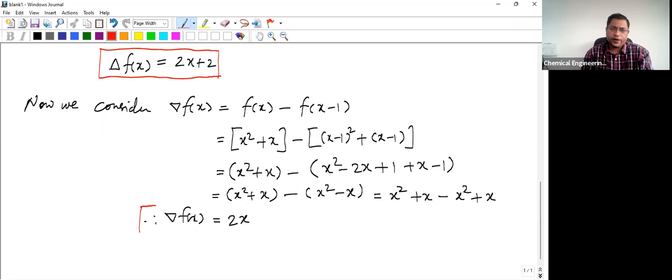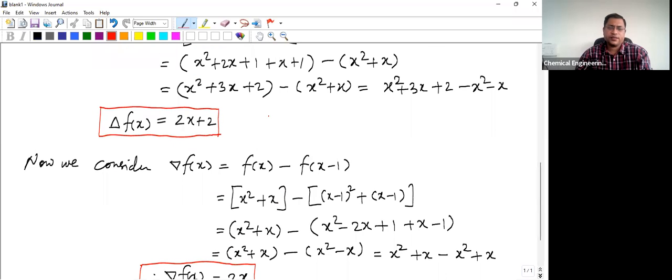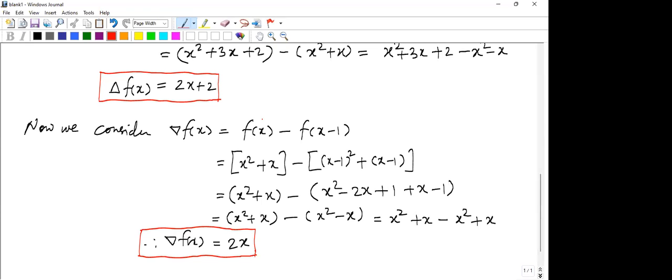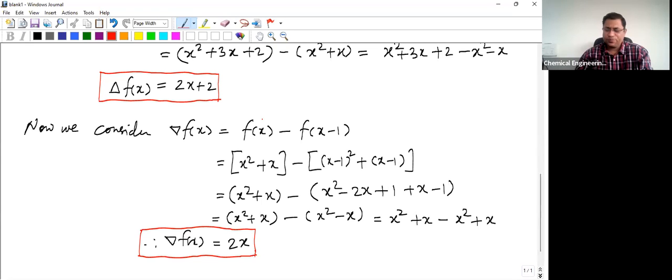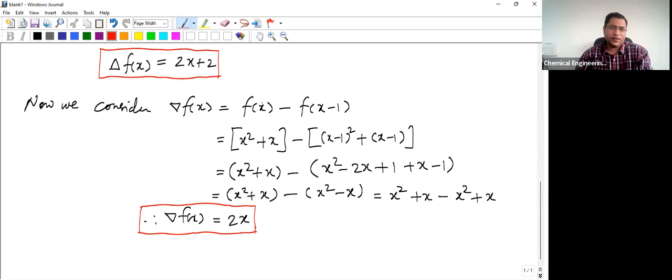So we got del f of x is equal to 2x, and delta f of x is equal to 2x plus 2. So all of you got the same answer? Yes, sir. Okay, that's good.